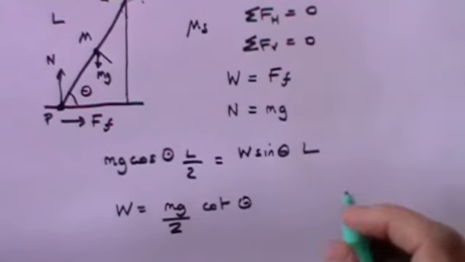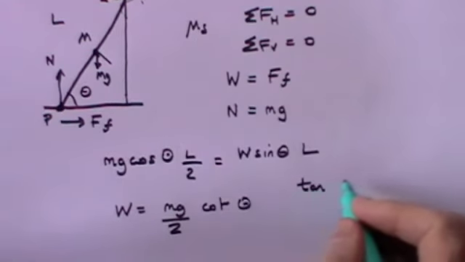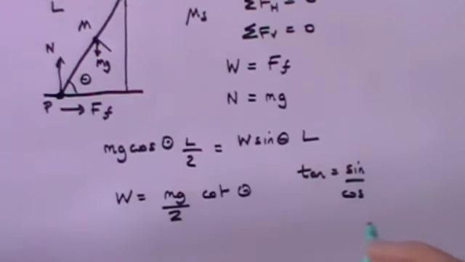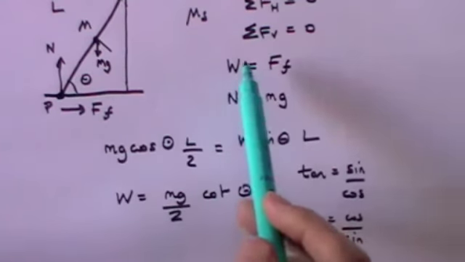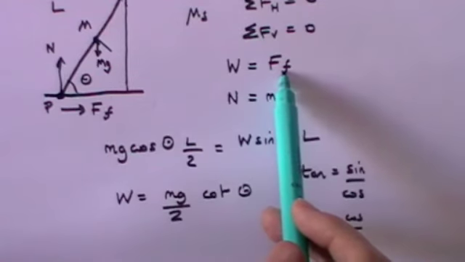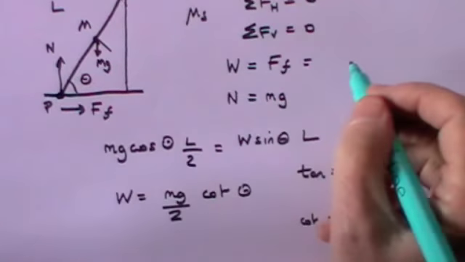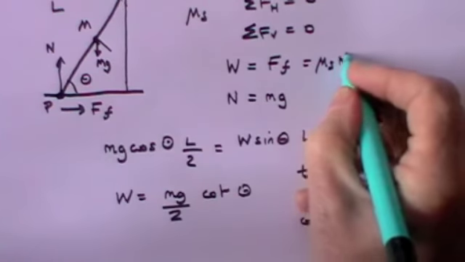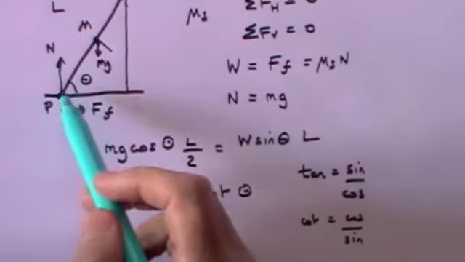Just to remind you what that means, the tangent of an angle is the sine divided by the cosine. The cotangent of an angle is the cosine divided by the sine. So that's the cotangent of the angle. But let's remember that W is the frictional force. And the frictional force is always, as we showed in the video I did on friction, the coefficient of friction times the normal force.